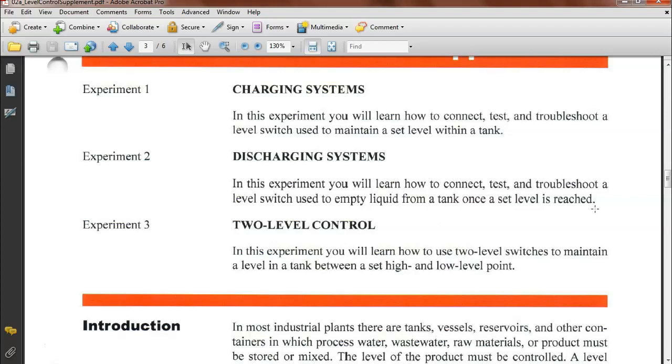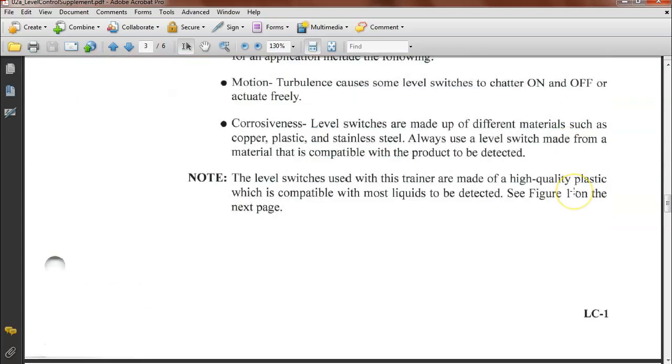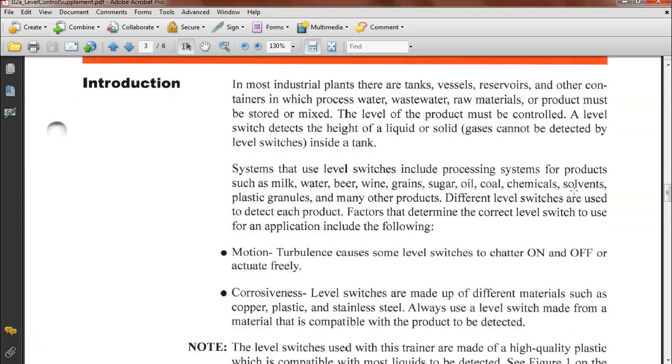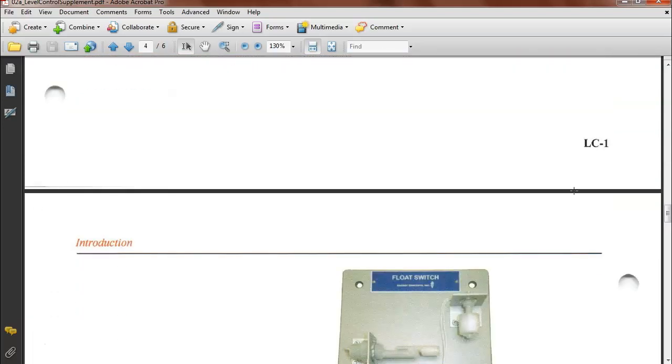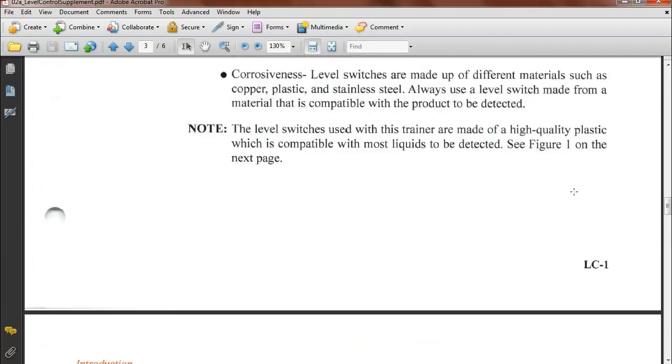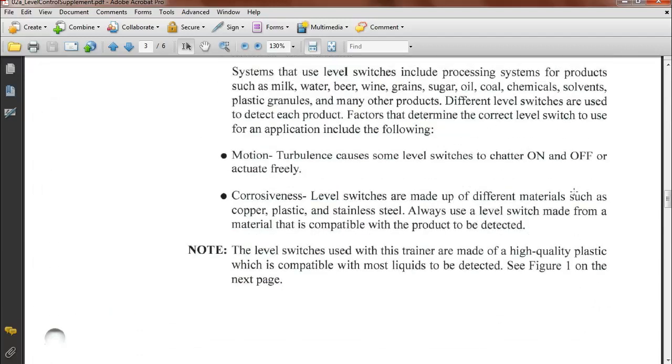All right. In a two-level system, this is where we're going to try to maintain it between what? Two levels, right? When we get our level sensors, we should be concerned with motion.